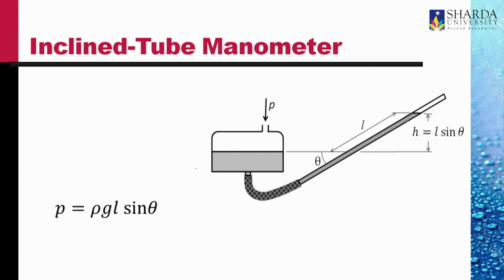The pressure at this point, which should be equal to the pressure at this point, is higher than the pressure at this point by the amount rho GH. But H is L sine theta. So the pressure P is rho GL sine theta.